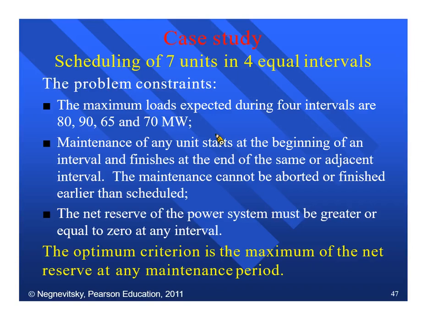This is a schedule of 7 units in 4 equal intervals. The problem constraints are like this. The maximum loads expected during the 4 intervals are 80, 90, 65, and 70 MW. MW is the minimum power for working.